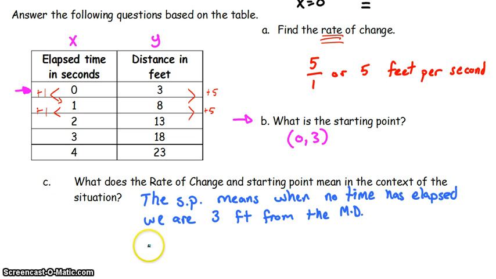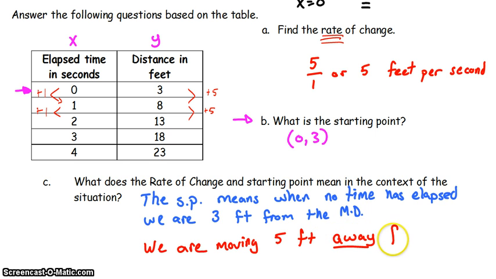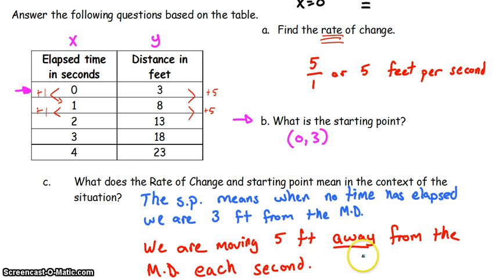So a +5 means we are moving five feet away from the motion detector each second. So remember, away or closer to comes from whether it's positive or if it's negative.